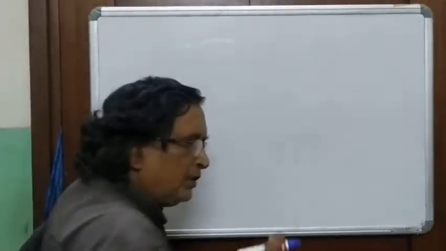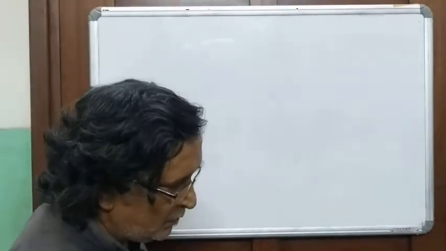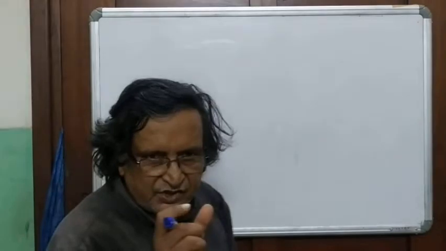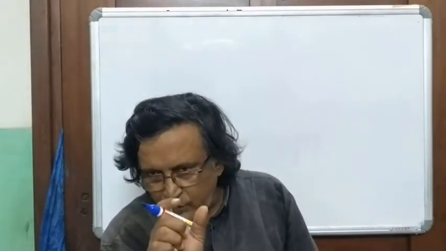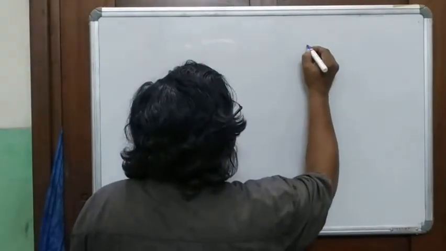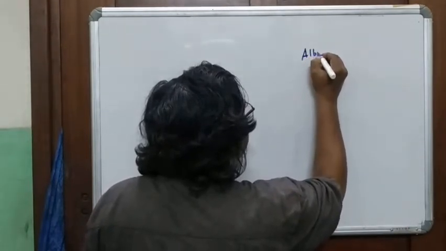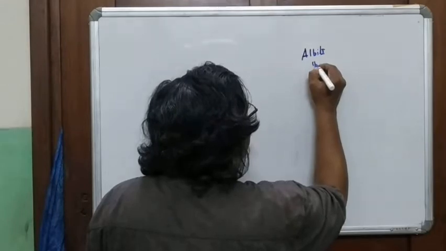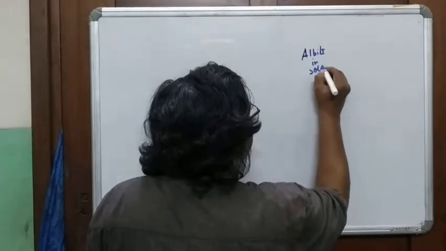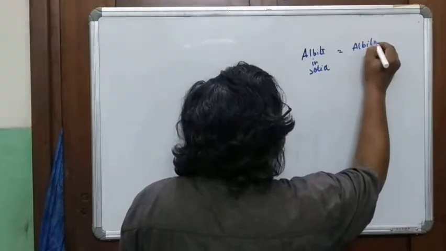Now the basic reaction between plagioclase solid and plagioclase melt can be written in terms of albite in solid is equal to albite in melt.